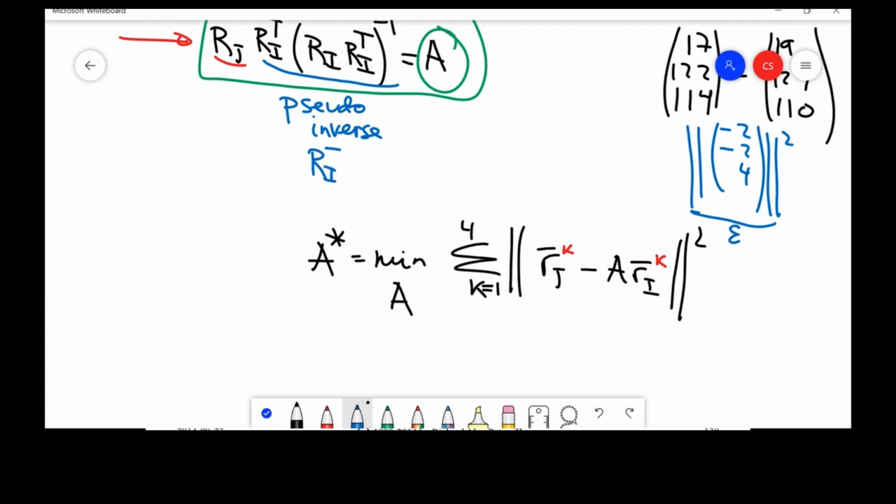And then we recognize here again the same problem that we have. This is the least squares problem. And this norm here, not the square, but this norm, is the epsilon.